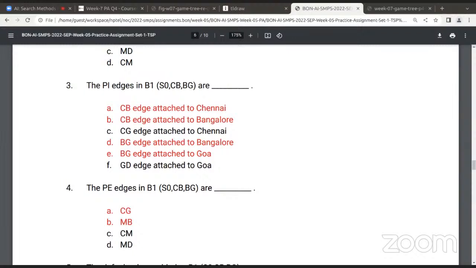One minute, wait. No, Goa attached to Goa. Goa, Delhi, right? One minute, one minute. Just a minute. Wait, I'll share this window so you know, you don't have to just talk in the air, not knowing what is what.